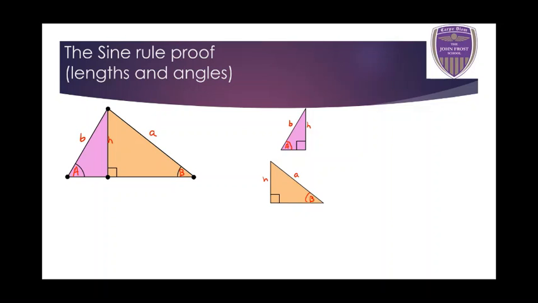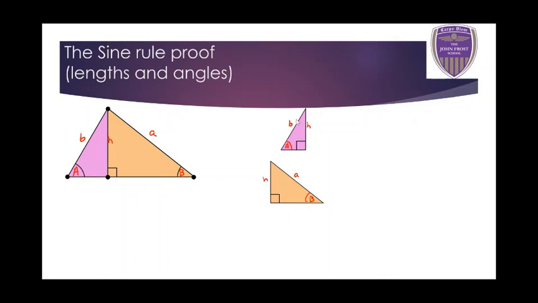Now we're dealing with right angles, so we know we're going to use a trigonometric function of some sort, okay? So for both of these triangles, for the angle, we either know or would be trying to find the opposite side of the triangle and the hypotenuse of the triangle, okay? So we're looking for the trigonometric function where we use the opposite and the hypotenuse of a triangle, okay?